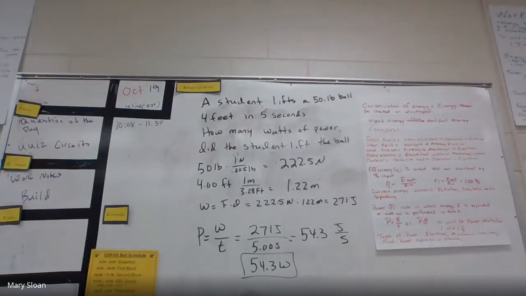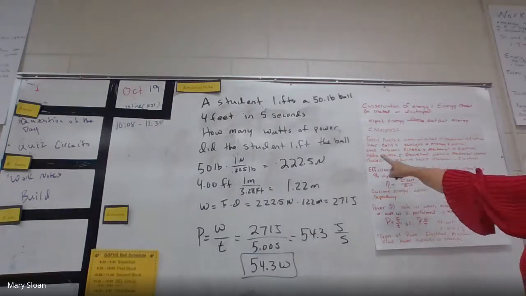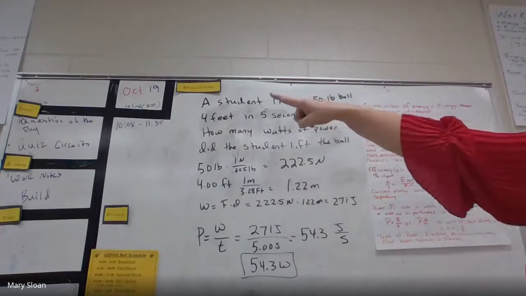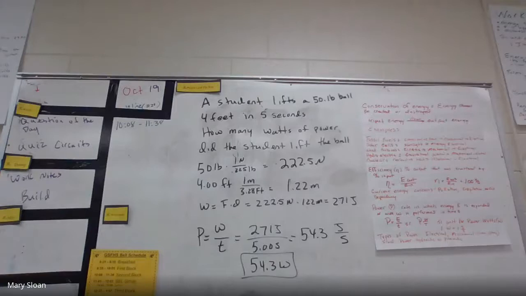Okay? We've done efficiency before. When did we do efficiency? Yeah, AMA and IMA, right? Talking about mechanical advantage. We're going to do efficiency also when we're talking about work, because that's what we're still talking about.